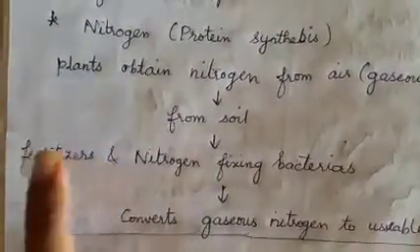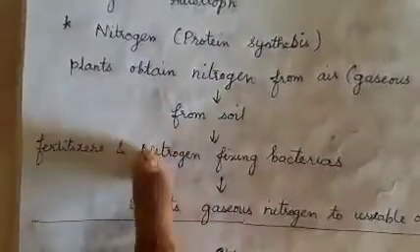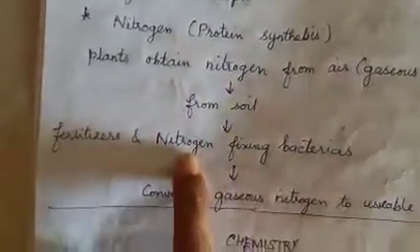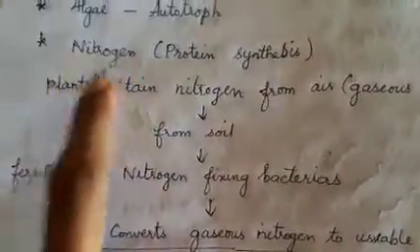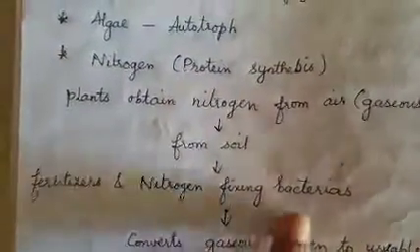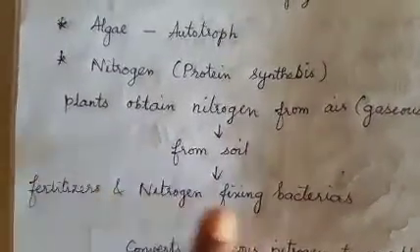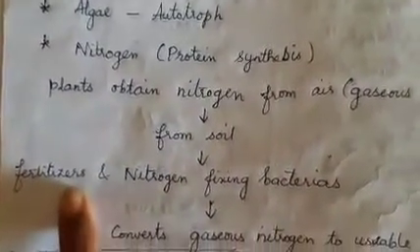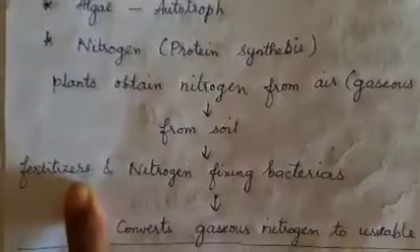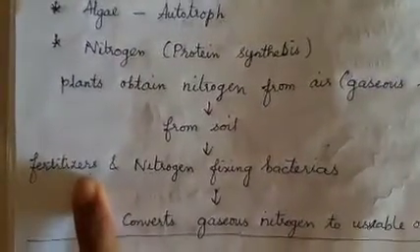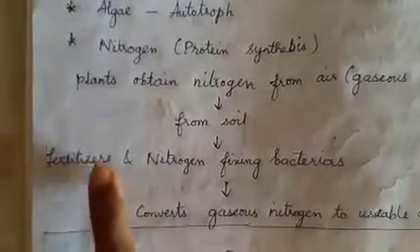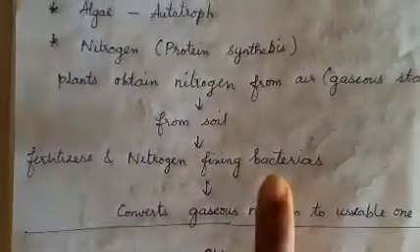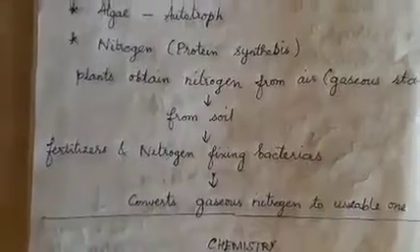Also by your fertilizers, the work of providing the nitrogen which is present in the atmosphere to the plant as a protein is done by two members. One is your fertilizers. What do you mean by fertilizer? It is just a chemical sprayed to the soil to provide the essential minerals for its growth. And what is nitrogen fixing bacteria?